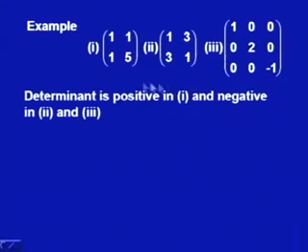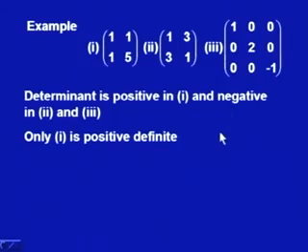So in this example, we will have only one positive definite form. In the second example, the determinant is negative, so we will not have a positive definite form. In this example, one eigenvalue is negative, so this is also not a positive definite form. So only one is positive.